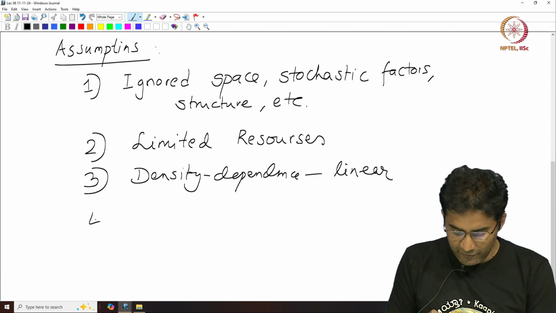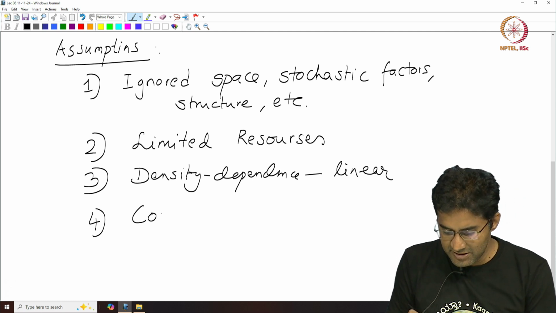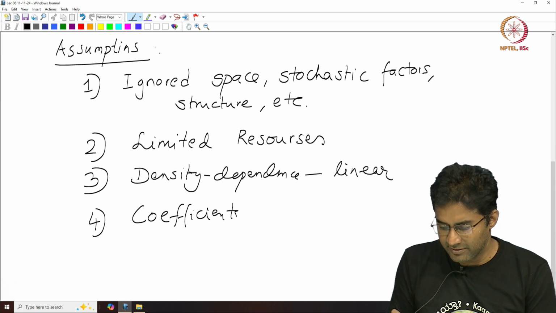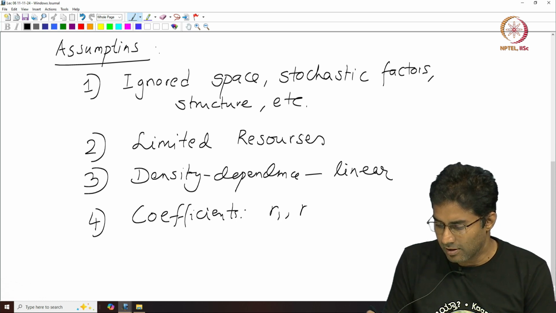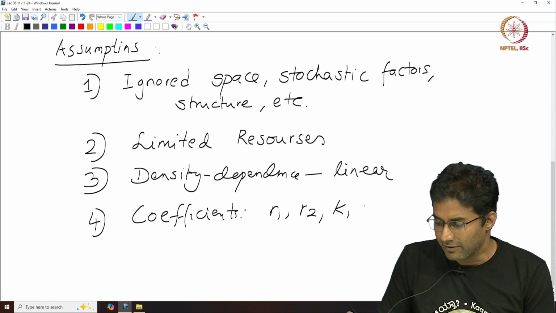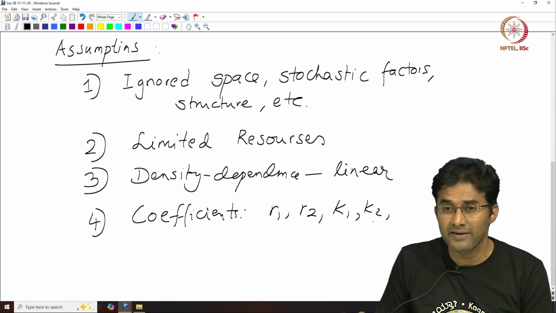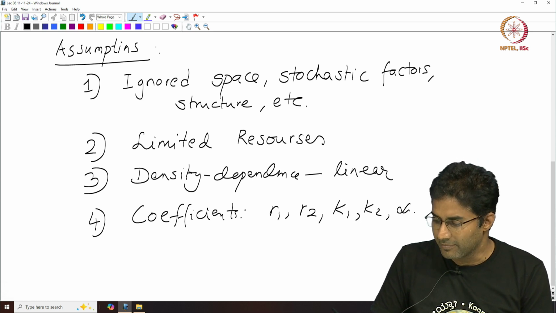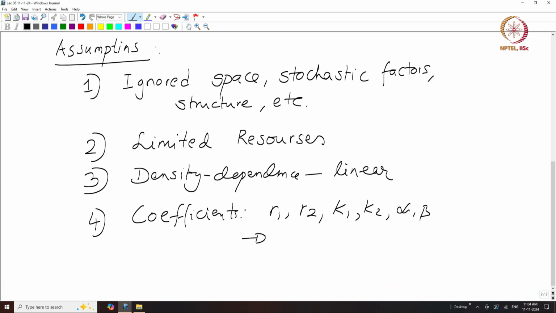And we also assume that all the coefficients such as R1, R2, K1, K2, which are the carrying capacities, and alpha and beta, they are all constants, they do not change with time. Okay. These are some of the major assumptions we made.